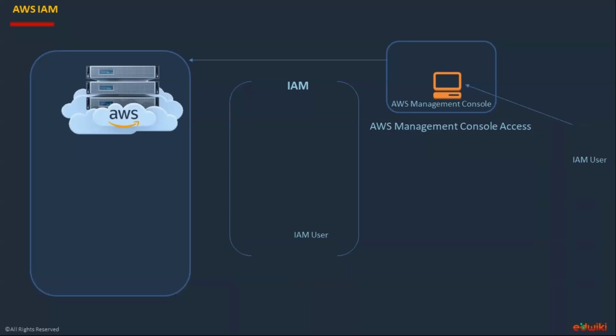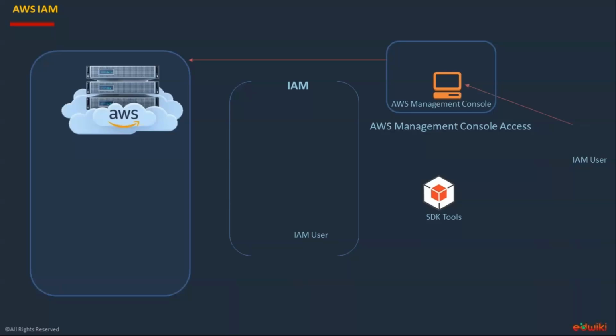That way we can control who can have what level of access on my AWS. The lead may have a different access, the engineer may have a different access, the manager may have a different access, right?